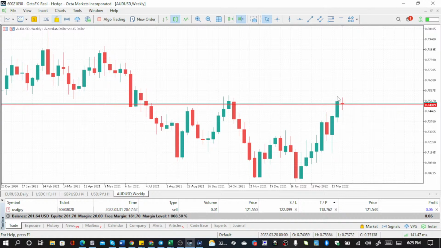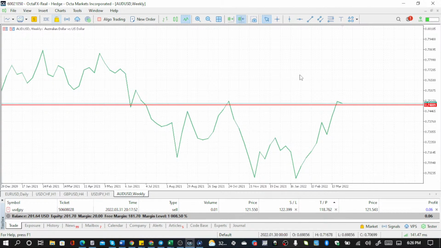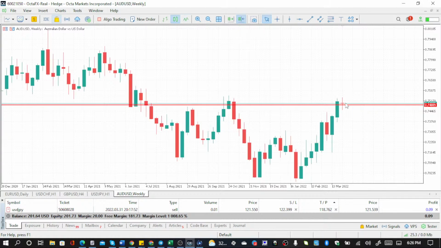The previous weekly candles had full bodied bull candles, so it's a strong indication. There is a breakout from this resistance level, and price has been rejected here, so there is a higher chance that markets would go up. But how do we know this higher chance?